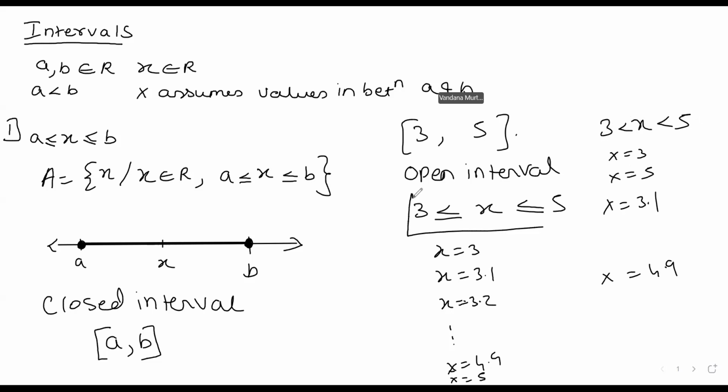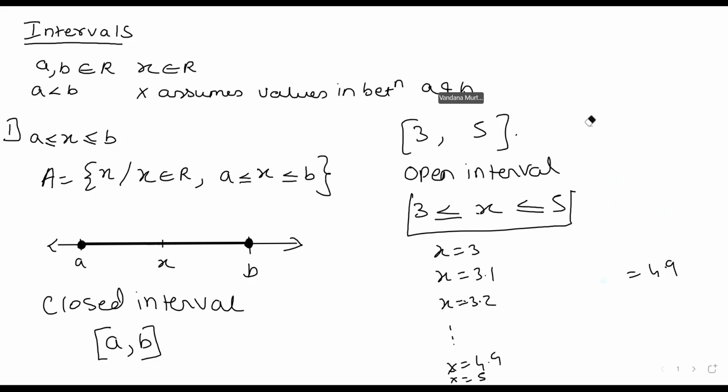Can you notice the change here and here? Here x is equal to 3 also. X is equal to 5 also. Here it is only greater than 3 and less than 5. Yes. Okay, so this is the difference between open and closed interval. This is open interval, which we have already studied.